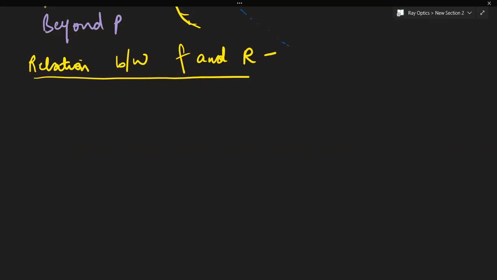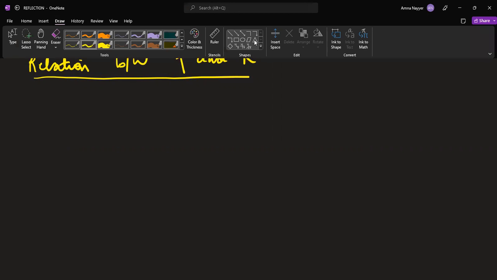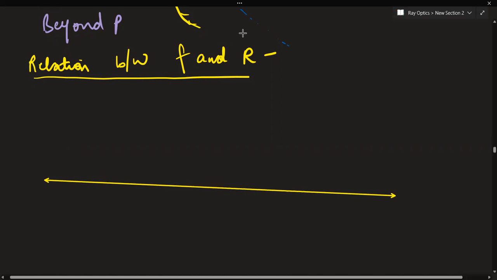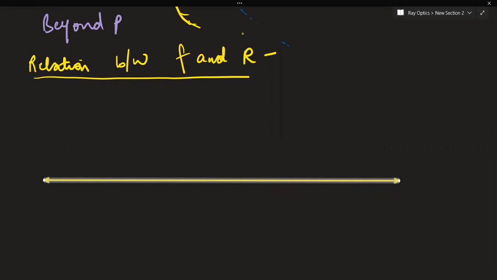Let's take a concave mirror firstly. Principal axis, concave mirror. Which part should I silver, Khalid, the bulged part or the inner hollow part, to form a concave mirror?